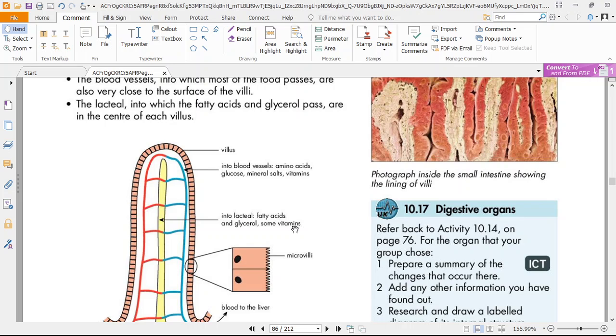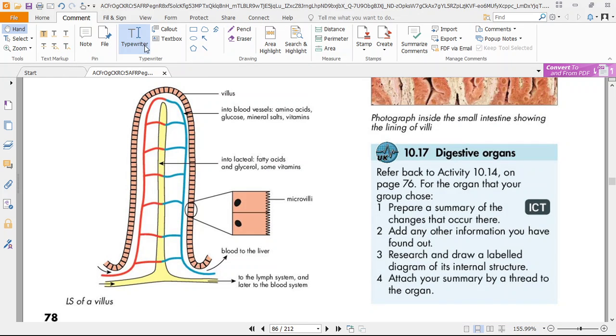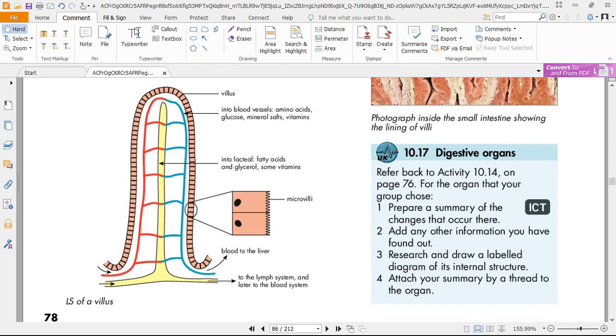And inside of it we have finger-like structures, and this is what we call the villus.